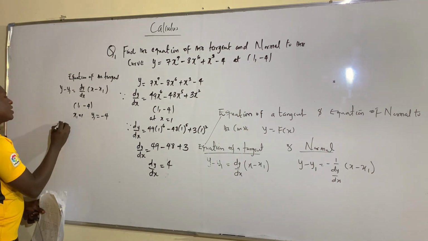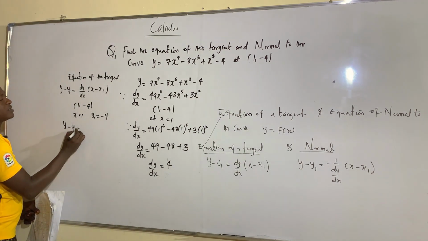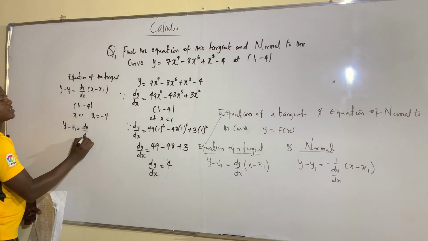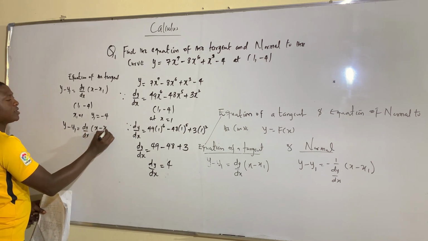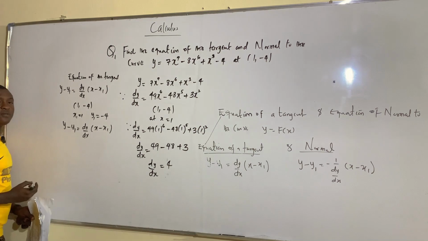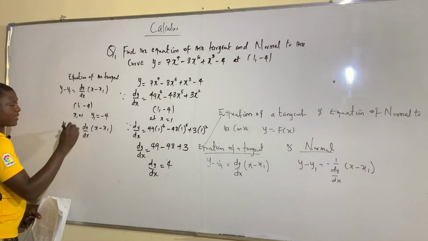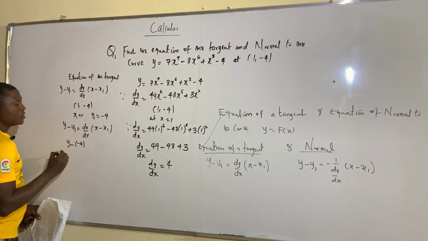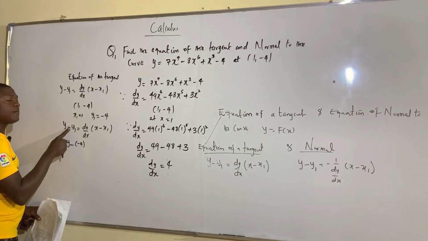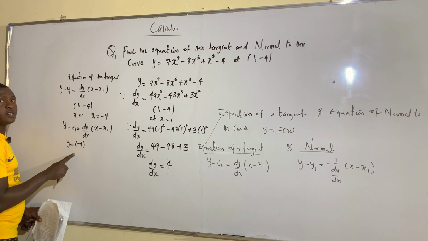So I'll put in the formula. What I have is y minus y1 equal to dy/dx of x minus x1. So let's substitute the values. We have y minus, our y1 is minus 4, so that is a minus 4. Why do we bracket? Because in that particular formula, we also have a negative before.